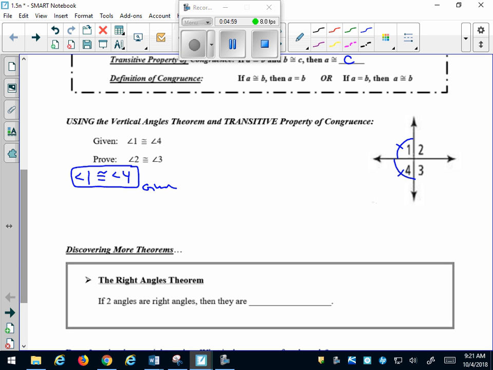So somehow we have to link these together with congruences. Are there any congruence relationships you can make in this diagram? Yeah. Are congruent? Why?